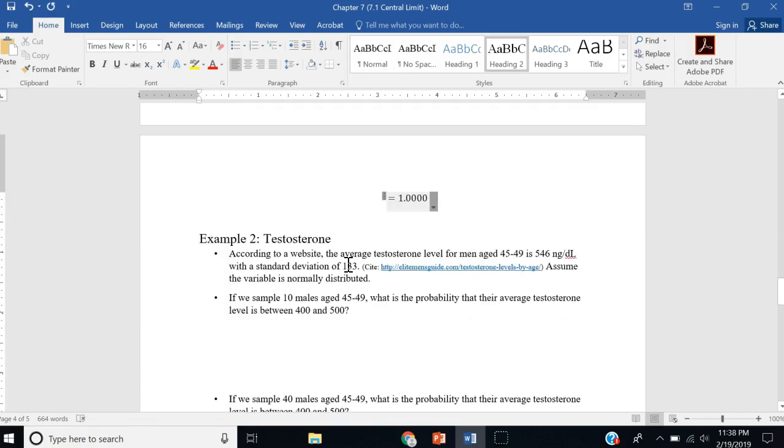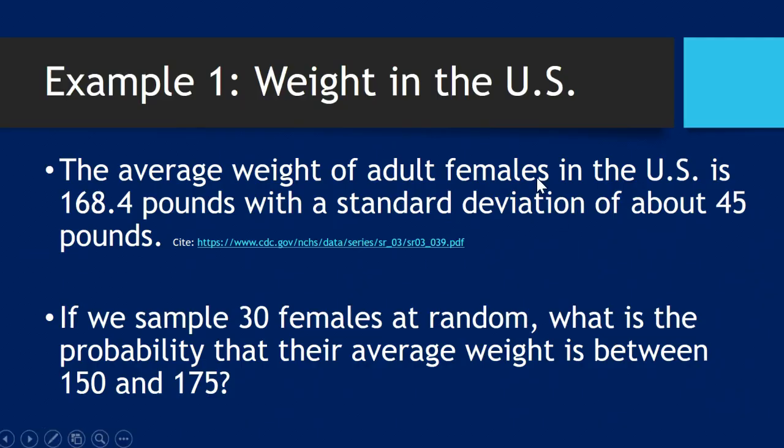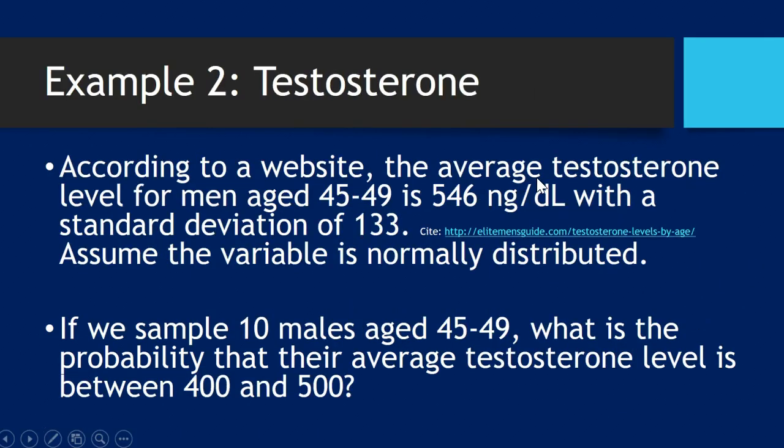Let's do another problem. Let's do example 2. What I would like you to do is take example 2, read it, and try to apply the central limit theorem to this one. Now, I want you to be very careful to look and say we are assuming that the original variable is normally distributed.